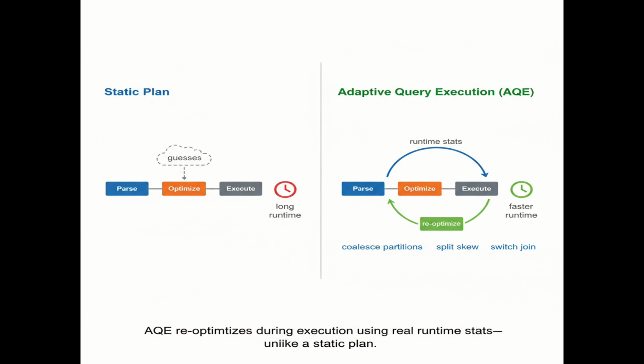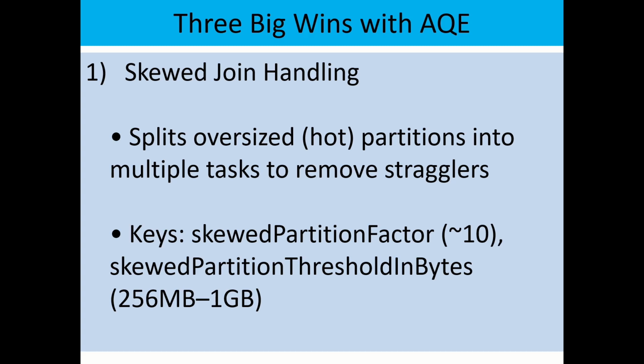Then we are going to discuss the ways AQE will help us while running the Spark job. First, skewed join handling. As we have learned, Spark creates partitions while shuffling, and while doing transformations lots of partitions get created, and they can be of different sizes.